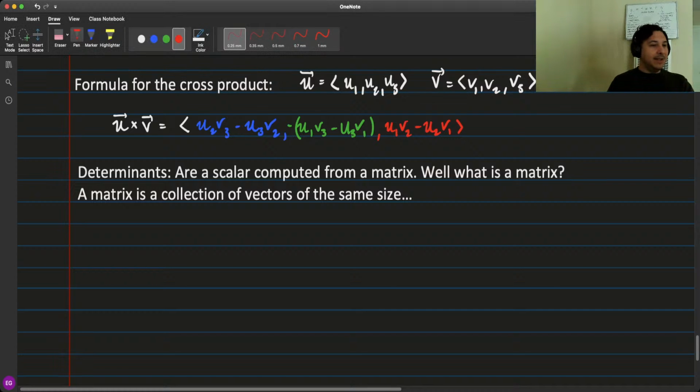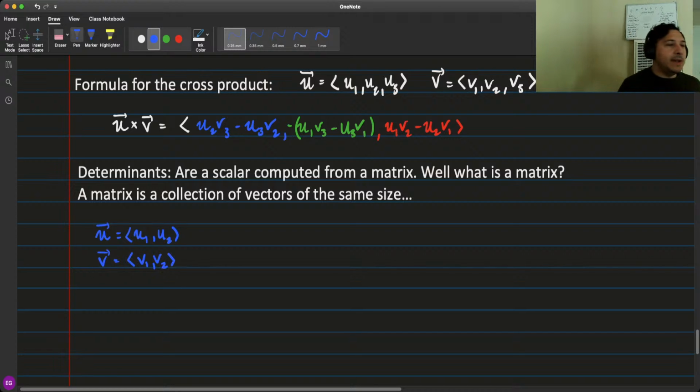So let's start off with the smallest vector you can have, a size 2 vector, a 2-component vector. So u1, u2, and v1, v2.